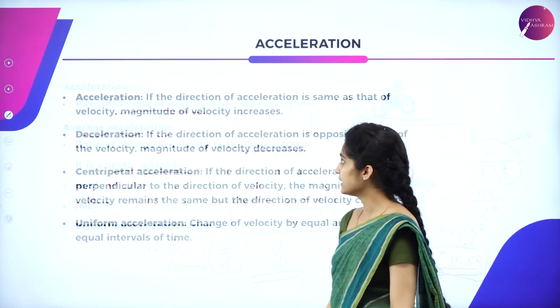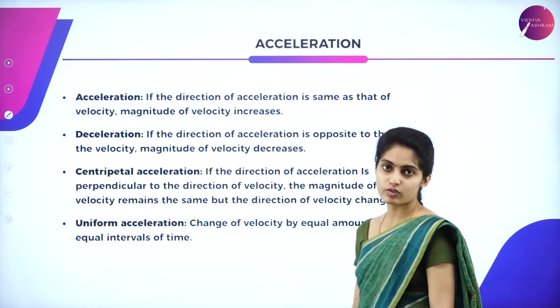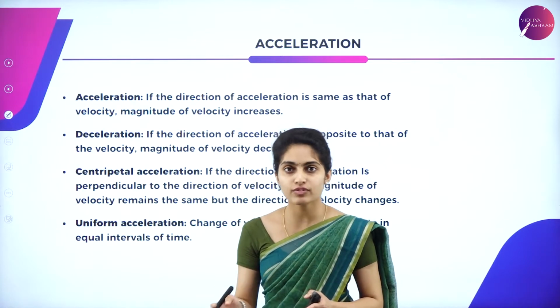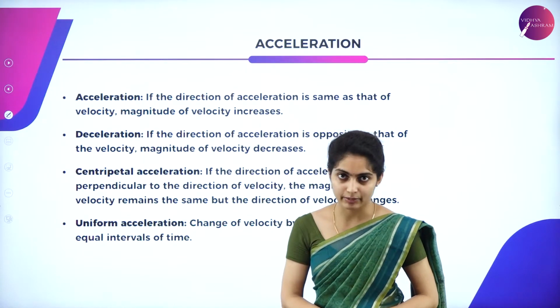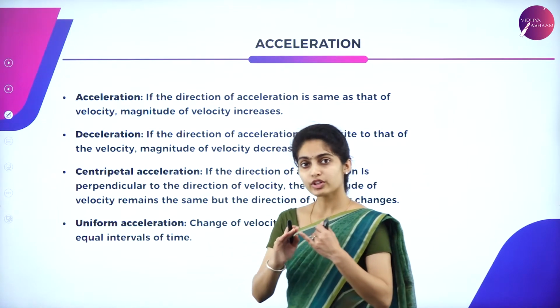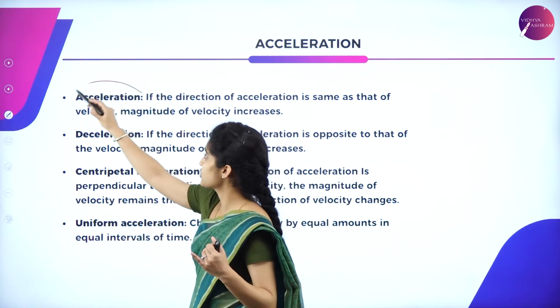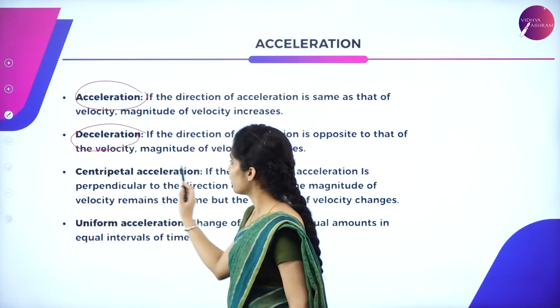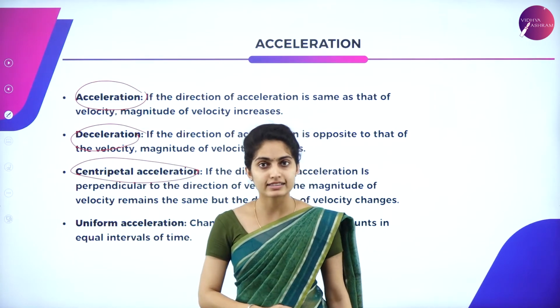So next is all about the types of acceleration. We know acceleration means the change in velocity with respect to time, right? Why do we call it acceleration, when do we call it deceleration, and when do we call it centripetal acceleration?